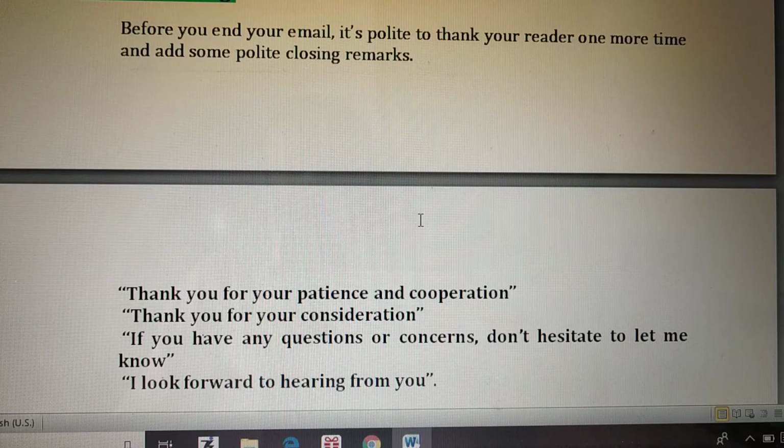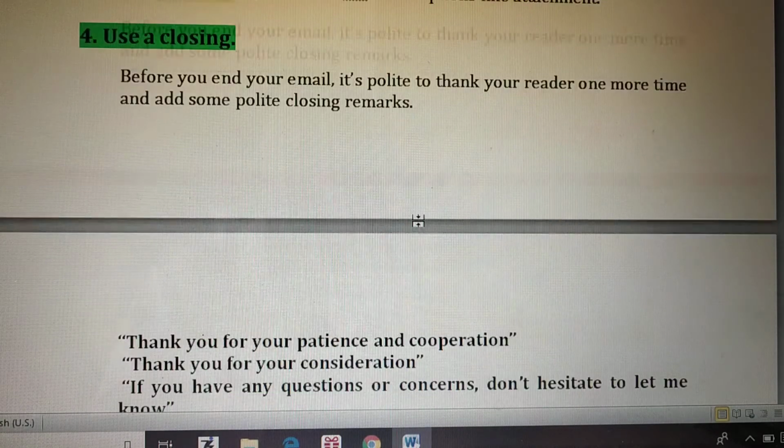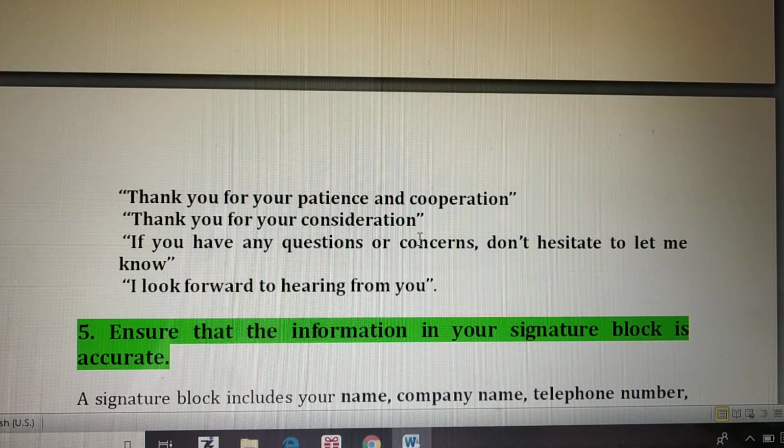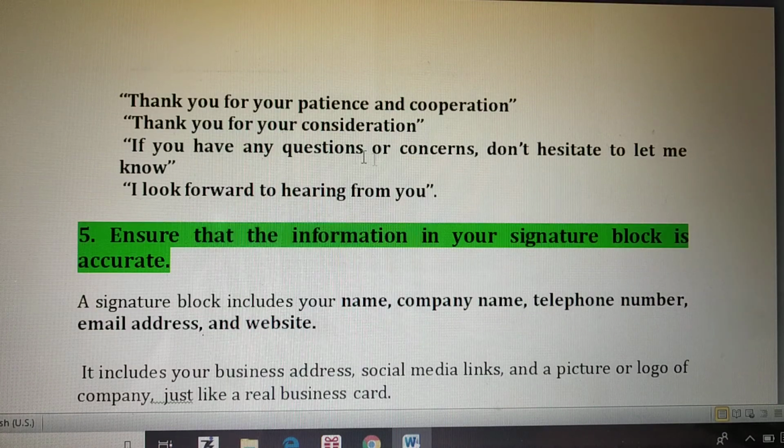At that time you have to write either sincerely yours or faithfully yours, according to your guidelines, that is, Dear or Respected Sir. Further, here are some closings related to what we have seen in the assurance and the request.